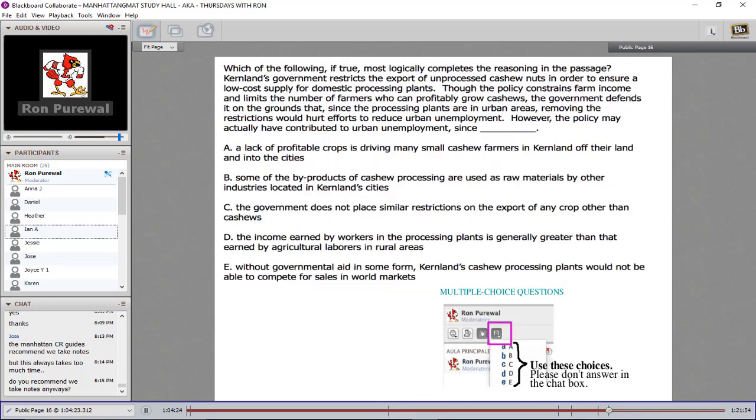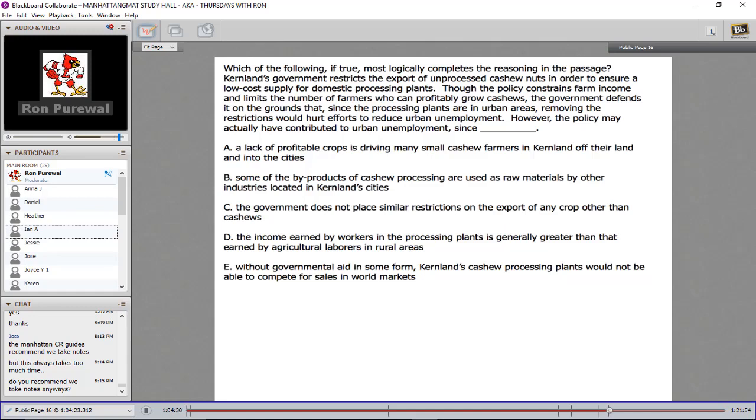Okay. Now, the question about taking notes. In general, you shouldn't take notes unless there's a reason why you should, because in most cases, taking notes is not going to help you, since there's only a few lines of text.